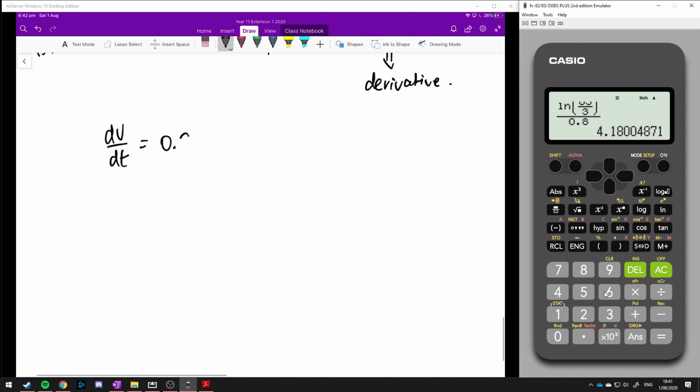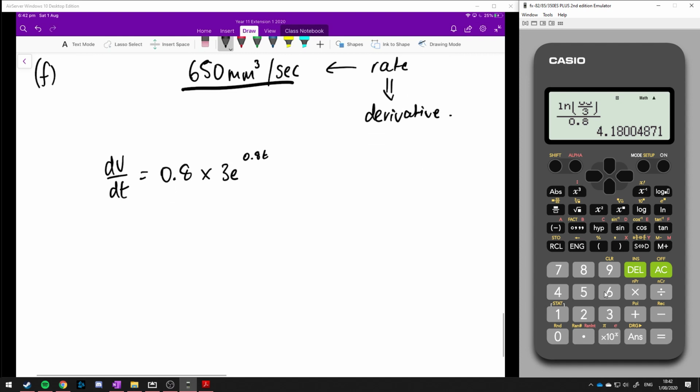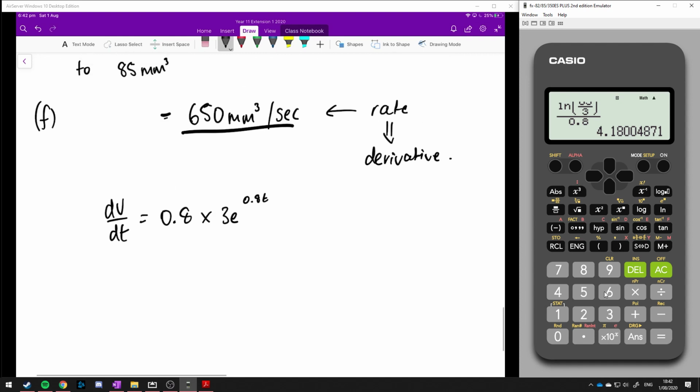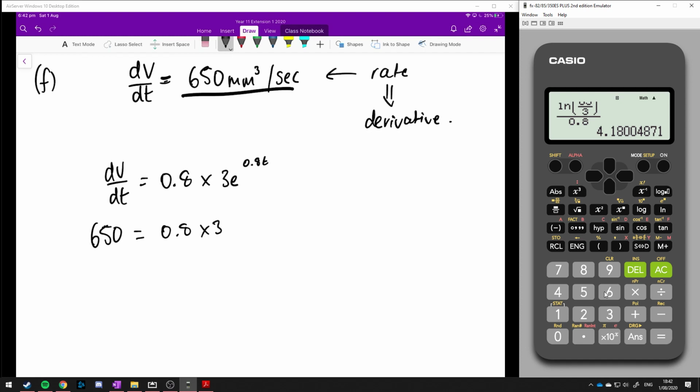So it's going to be 0.8 times 3e to the 0.8t. And we want when the rate is equal to 650. So this is our dV/dt, and we can substitute that in, times 3e to the 0.8t.